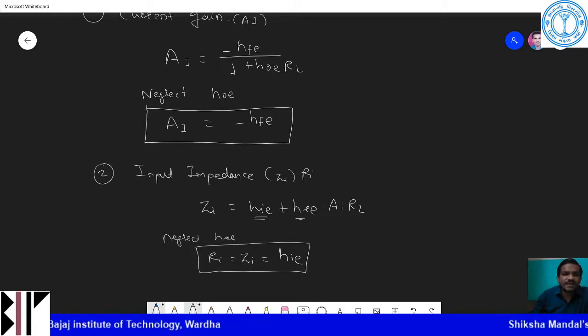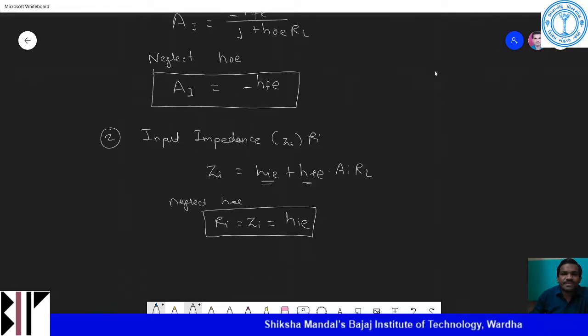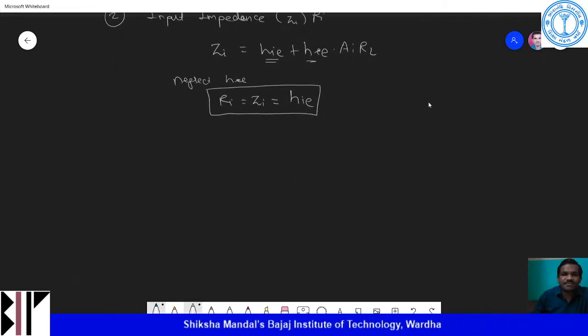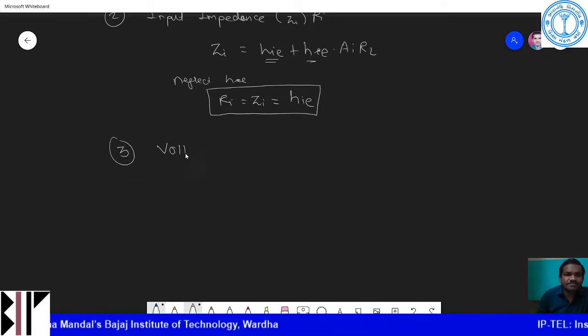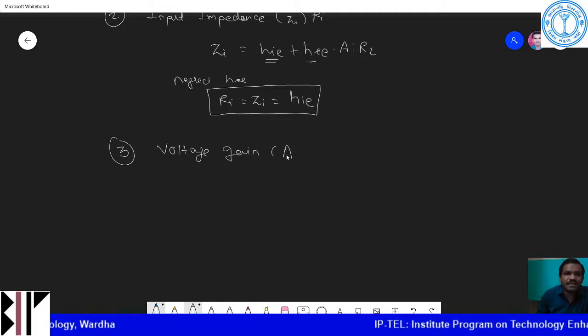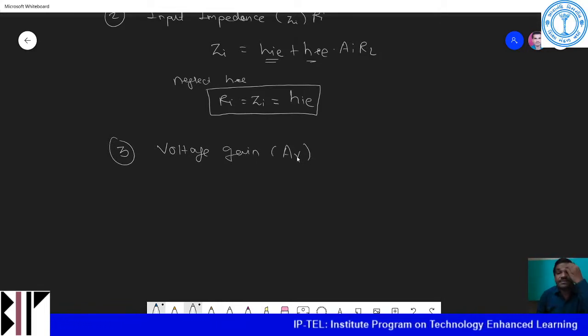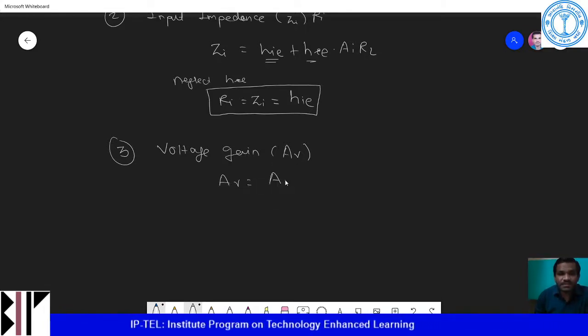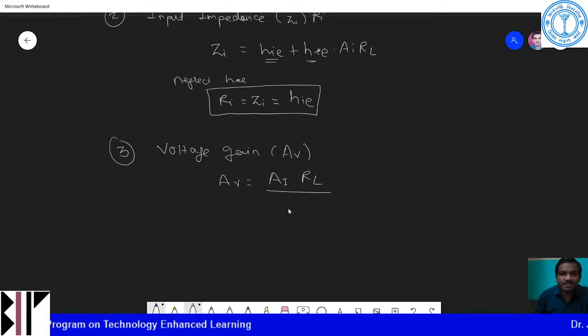Next, parameter number 3, that is your voltage gain, AV. We have the formula AV equals AI into RL divided by RI.